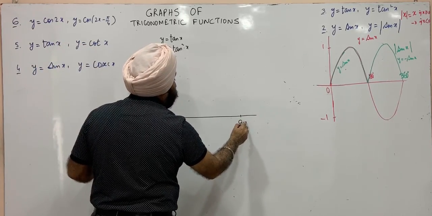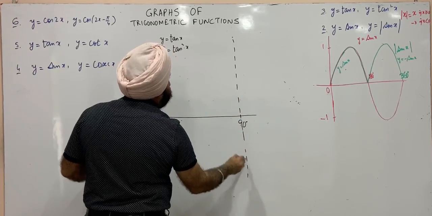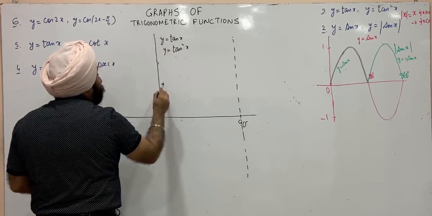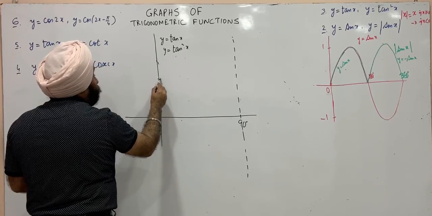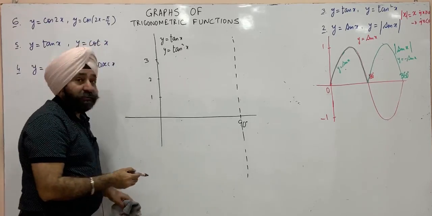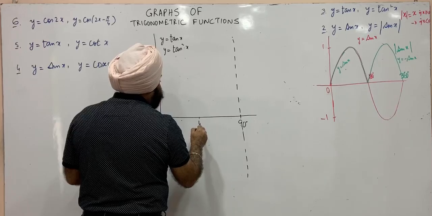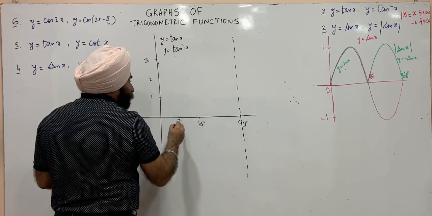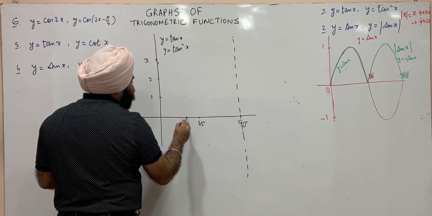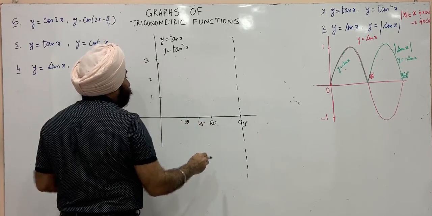This is 90 degrees. Tan 90 is infinity, so we draw here a line parallel to the y axis. This is 1, this is 2, this is 3. All positive values. 0 to 90 degrees, half of this is 45 degrees. Divide 0 to 90 into 3 parts. We have 30 degrees here and 60 degrees here.